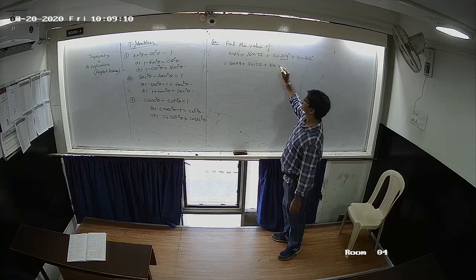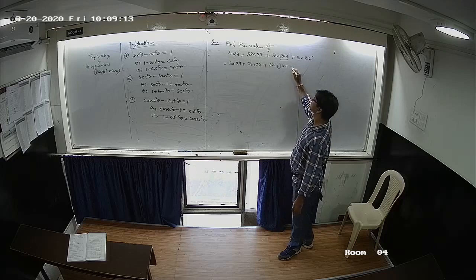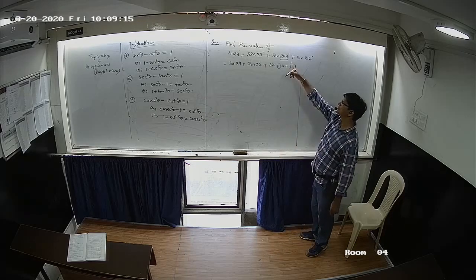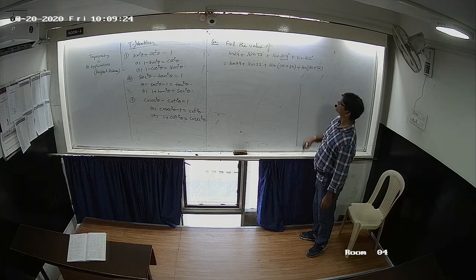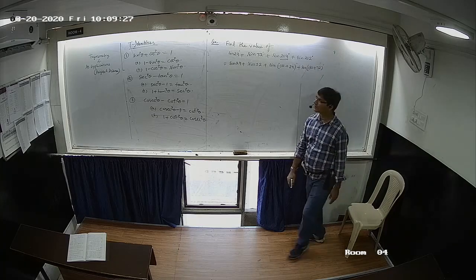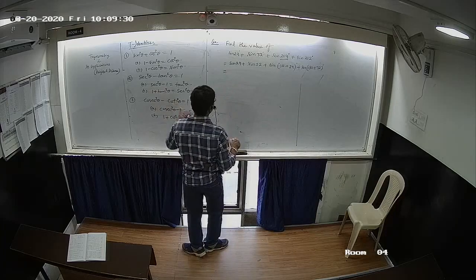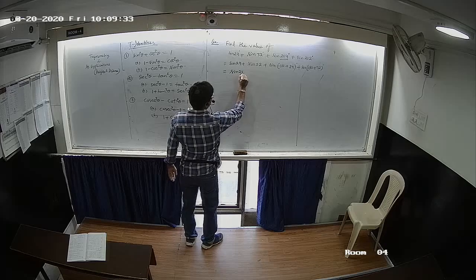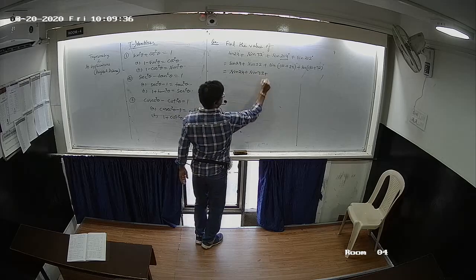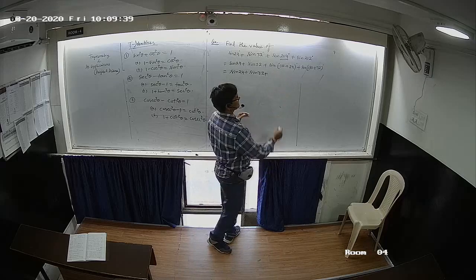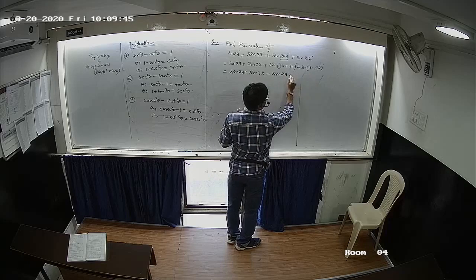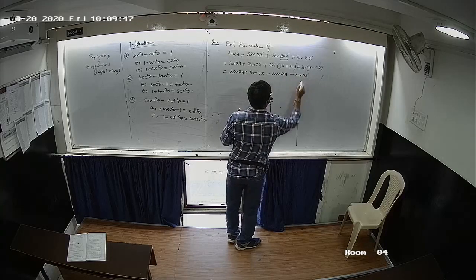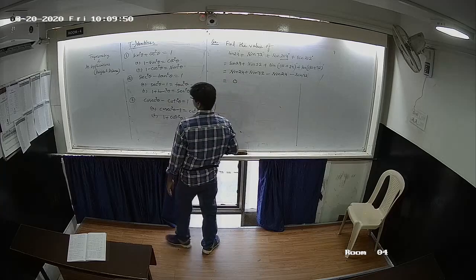So this you can write as sin of 180 plus 24, and 212 as sin of 180 plus 32. Then, as we have learned just now, sin of 180 plus theta is minus sin theta. So it becomes sin 24 plus sin 32 minus sin 24 minus sin 32. This is equal to 0.